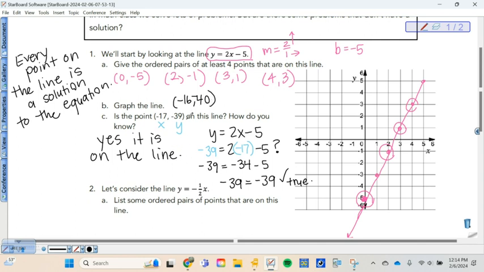So yes, you're right in thinking that would make sense if it's on the line, but I don't know for sure until I plug it in. Does that answer your question? Oh, on the line. Okay. On the line, not like in the quadrant. I was confused. Okay. So it is on the line because it satisfies the equation. It works in the equation.